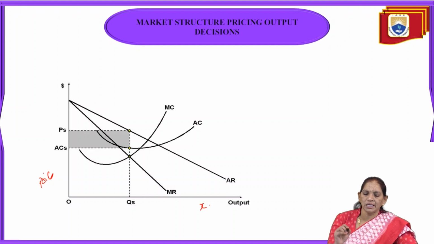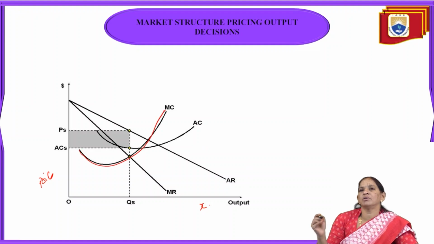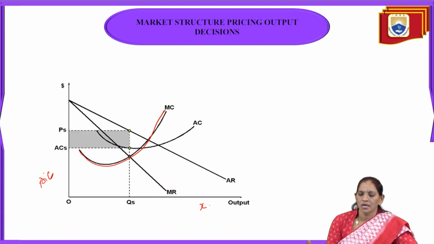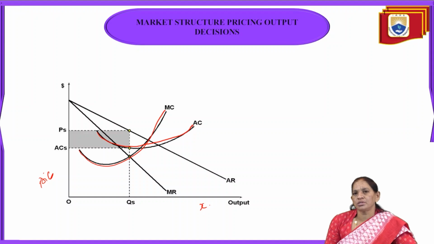So here we see the equilibrium situation where we are getting the profit range, as AR and MR slope down, and the marginal cost curve is U-shaped, which represents additional cost, and the average cost curve is the total cost, that is fixed and variable cost.